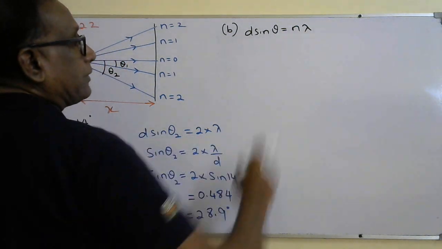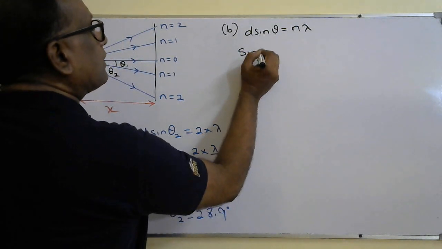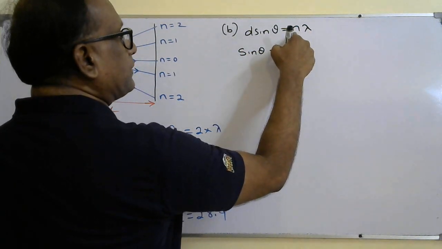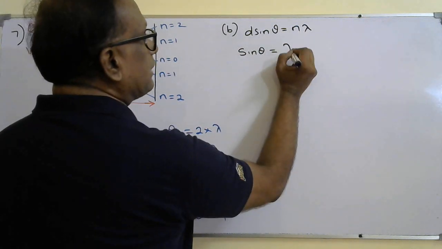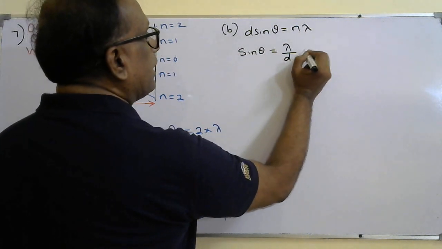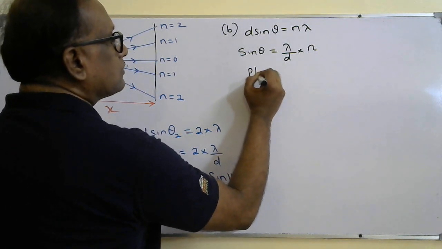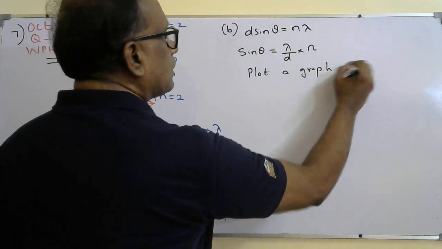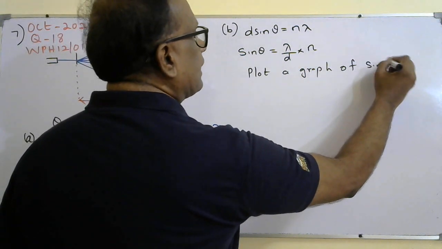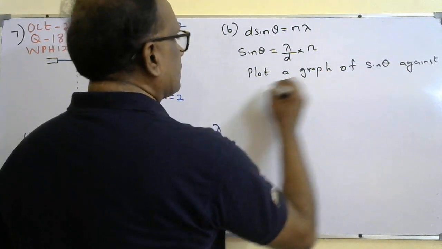I need to find the lambda by using a graph. So sine theta equals, n is a variable, theta is a variable, lambda and d are constant. So lambda over d times n. So plot a graph of sine theta against n.